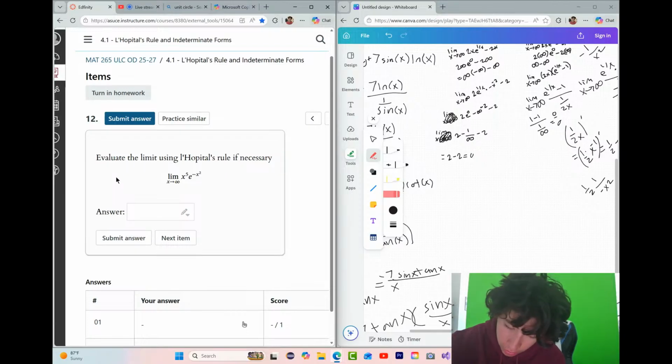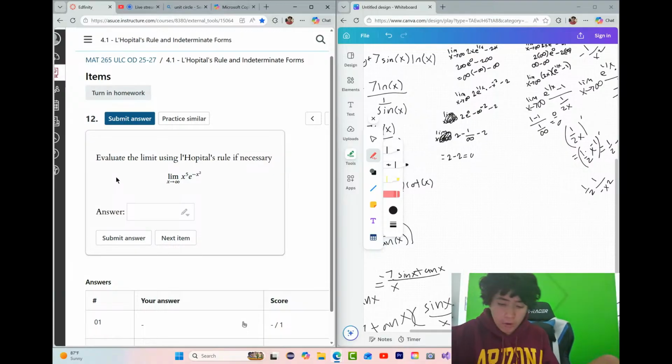So we get infinity times e to the power of negative infinity. And e to the power of negative infinity is 1 over e. So we got infinity times 0, so an indeterminate product.